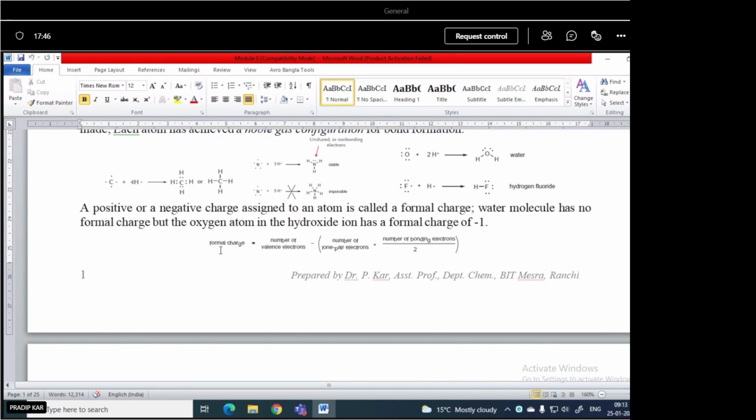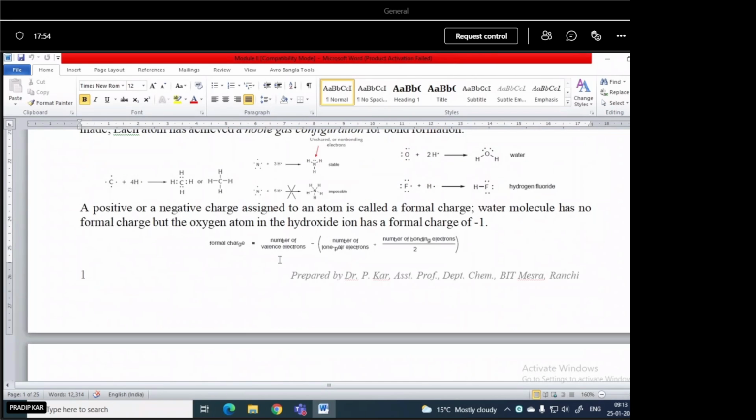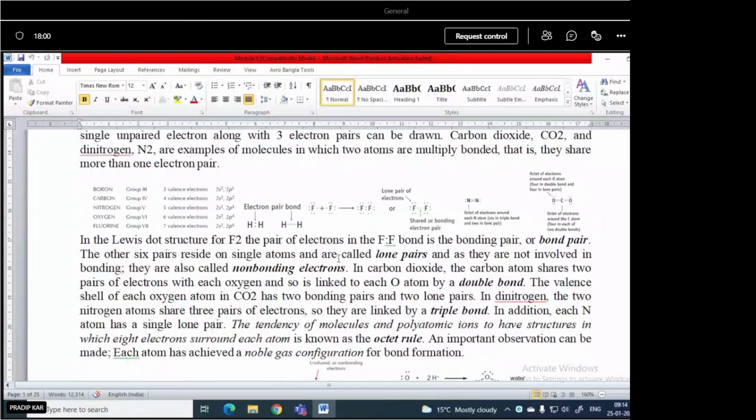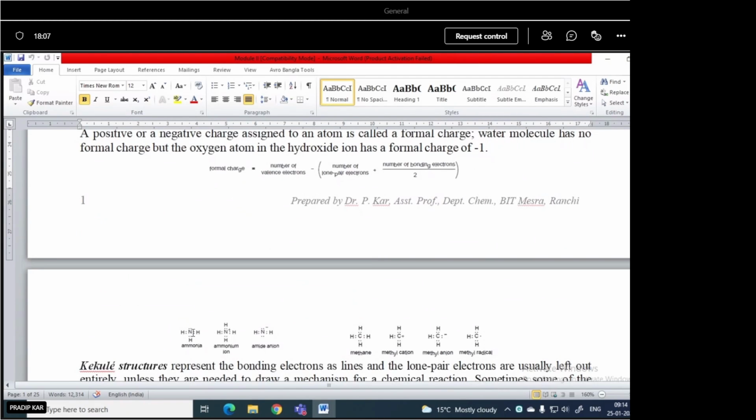In the case of ammonia, we know the number of valence electrons on nitrogen is 5, minus the number of lone pairs. If we draw the Lewis dot structure of ammonia, there is 1 lone pair, so 2 lone pair electrons. Sorry, you have to write 2 here for the number of lone pair electrons, not 1.